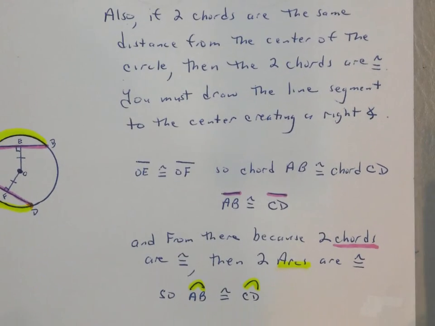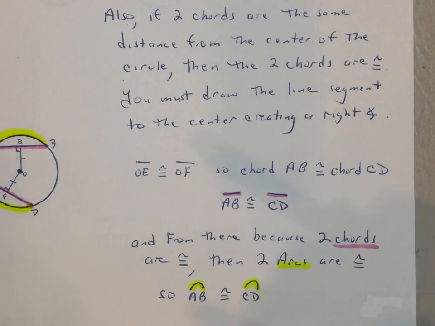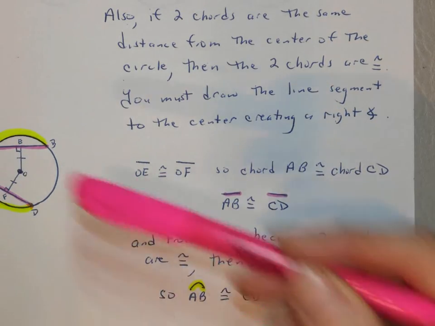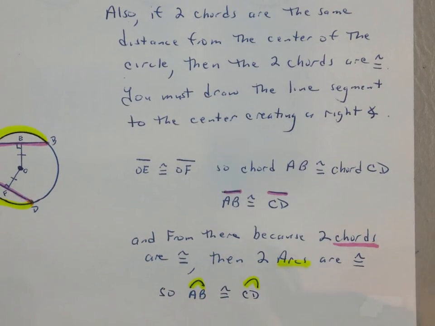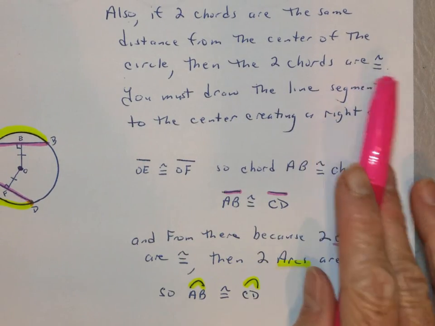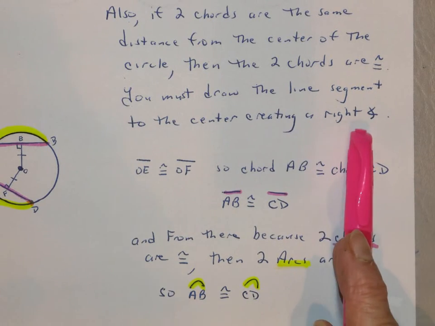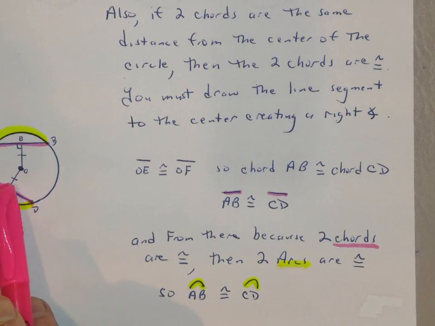Now, if you have two chords that are the same distance from the center, because those two tick marks tell you that, therefore the two chords are congruent. So you must draw the line segment to the center, creating a right angle. Again, the two lines that are congruent must create right angles because that's the shortest distance to a segment.